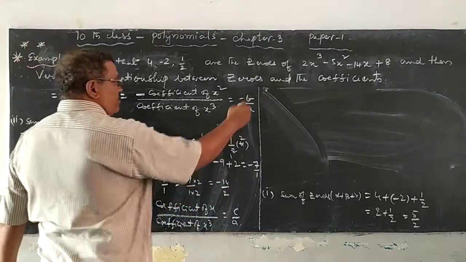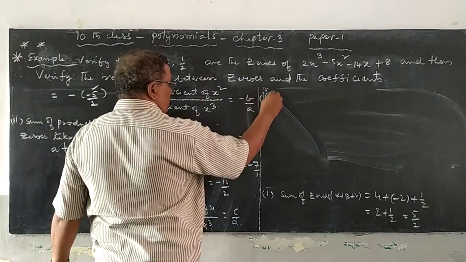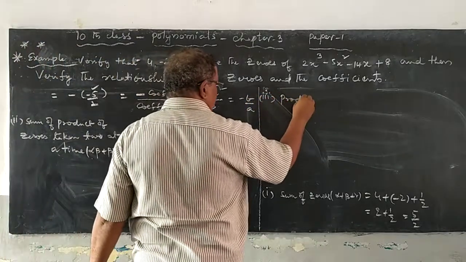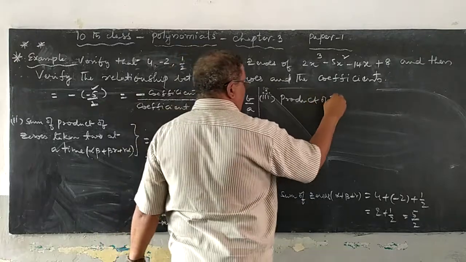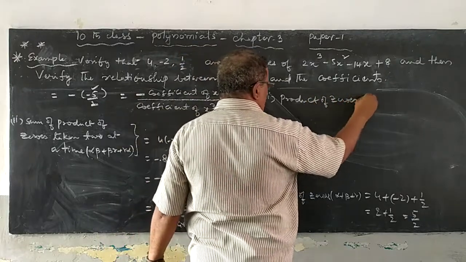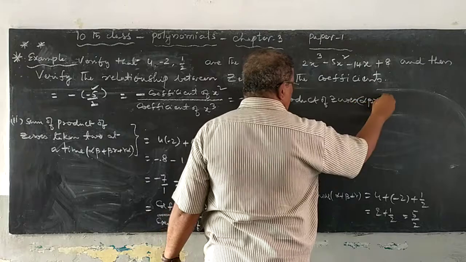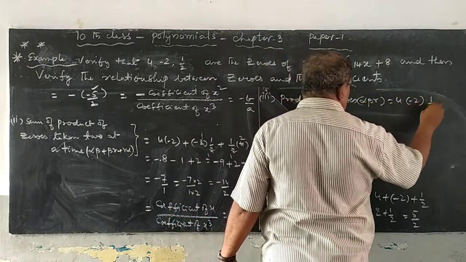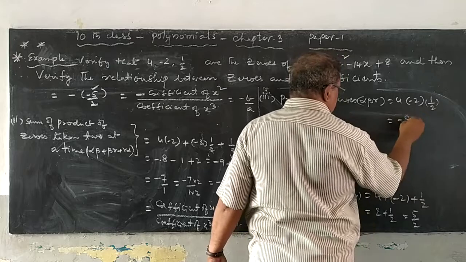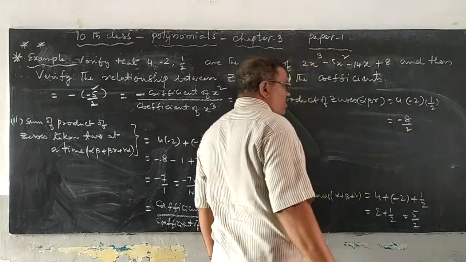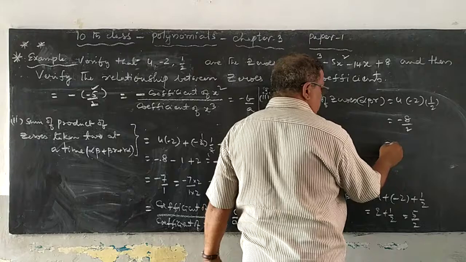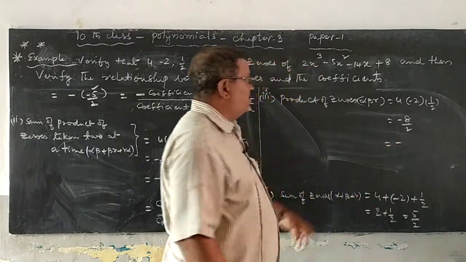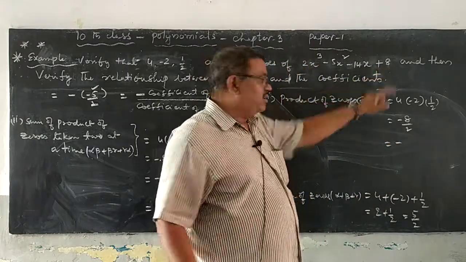Finally, the third one is product of zeros. Already we know the formula, alpha beta gamma, that is 4 into minus 2 into 1 by 2, that is minus 8 by 2. What is minus 8? It is the constant term.